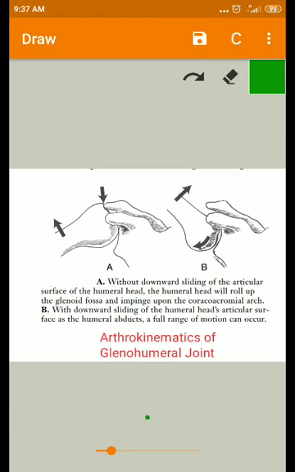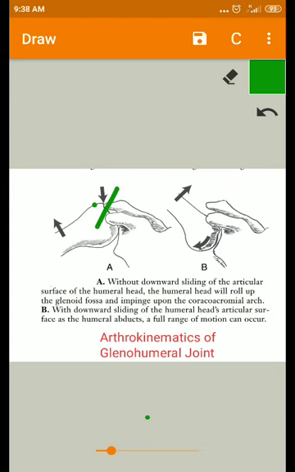This can be seen, for instance, in the cocking phase of pitching a ball. That means during bowling or pitching a ball, it results in a posterior glide of the humeral head on the fossa.